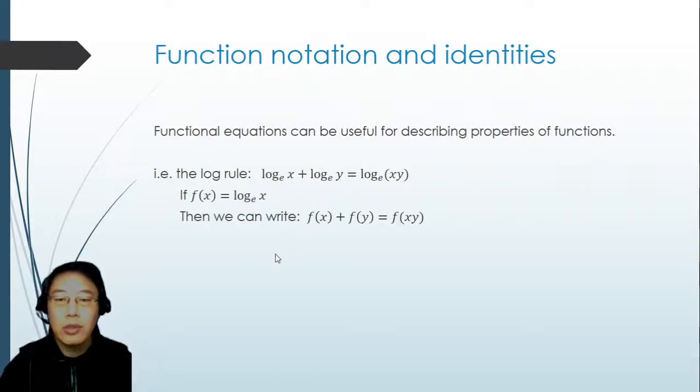So the first one is f of x, the second one we substitute y, that gives you f of y, and similarly if we substitute xy, we also have f of the product xy. So this is a way to summarize one of the properties, for example, the log rule.